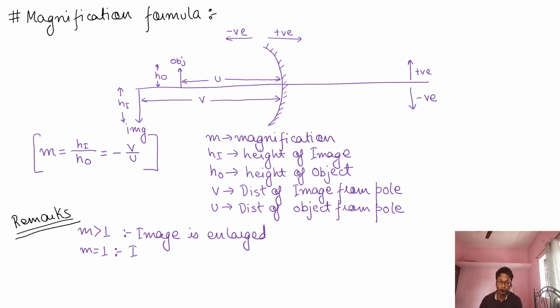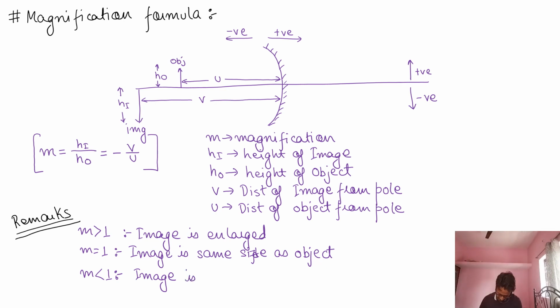That happens when the object is kept at center of spherical mirror. That means when the object is kept at radius, image is same size as object. And when m is lesser than 1, that means image is diminished. That means image is smaller than the object.